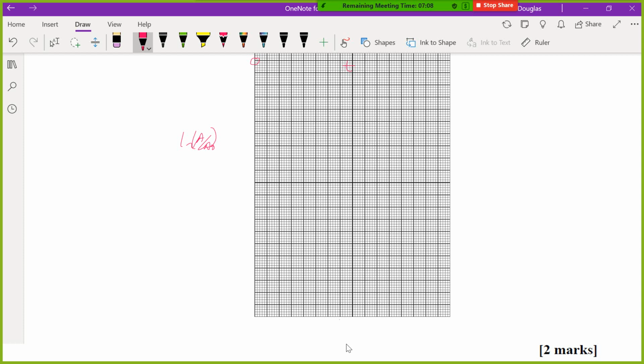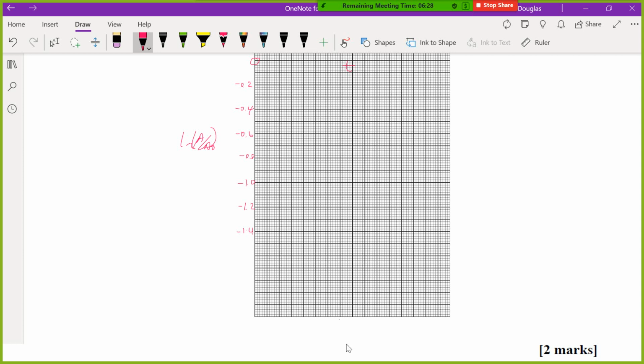The numbers are very small, so I could say negative 0.2, negative 0.4, negative 0.6, negative 0.8, negative 1.0, negative 1.2, negative 1.4.